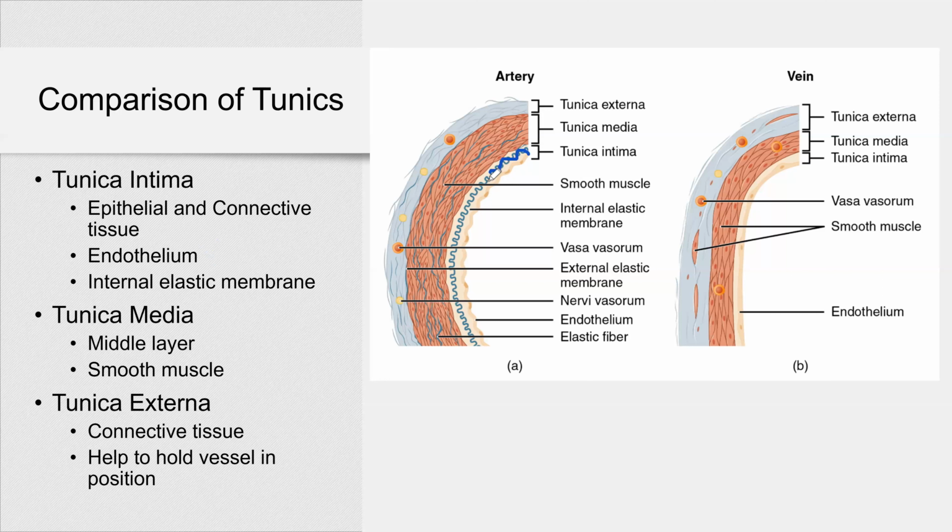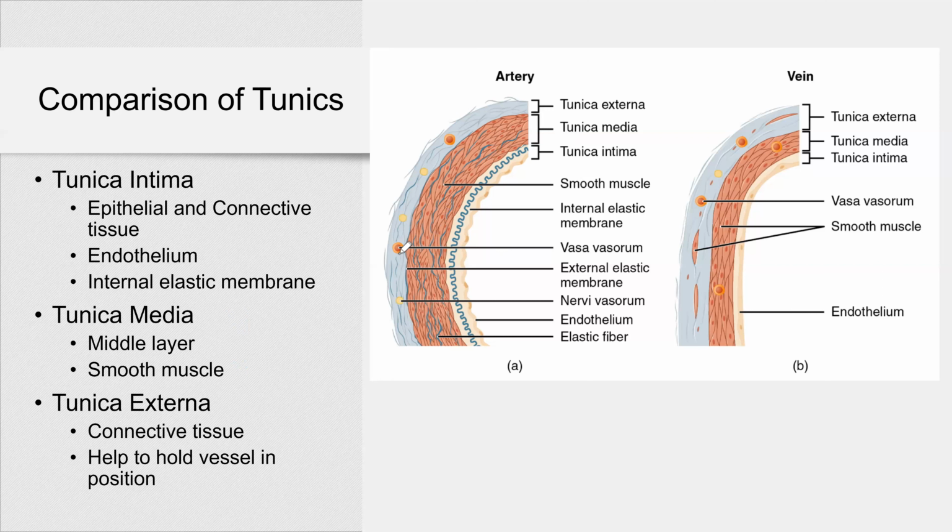So this is the internal elastic membrane shown in blue. Tunica media is the middle layer and it's made of smooth muscle, and tunica externa is connective tissue and helps to hold vessels in position. You can see that if this is an elastic artery, it also has elastic fibers shown here in blue within tunica media as well.